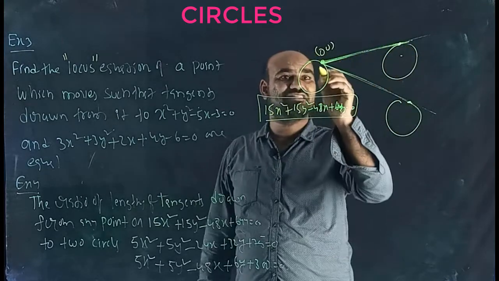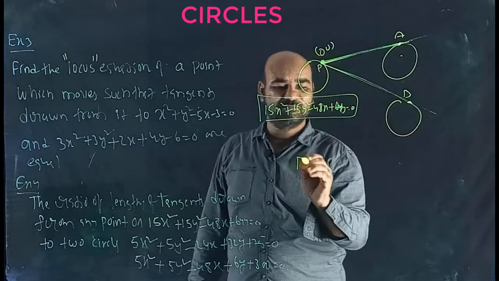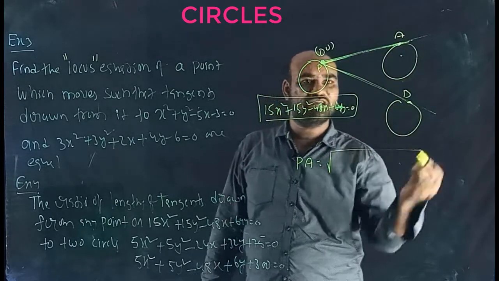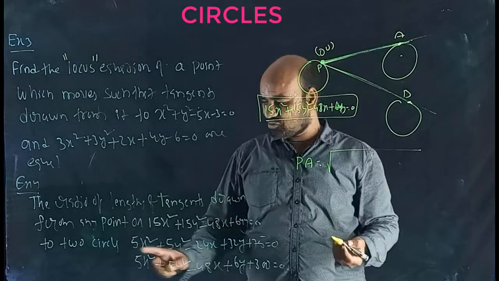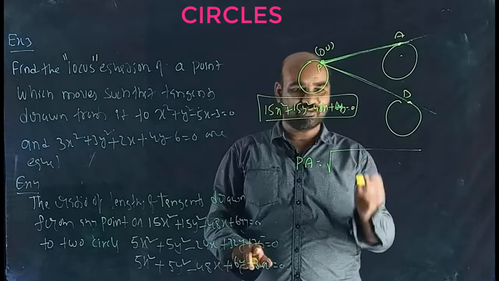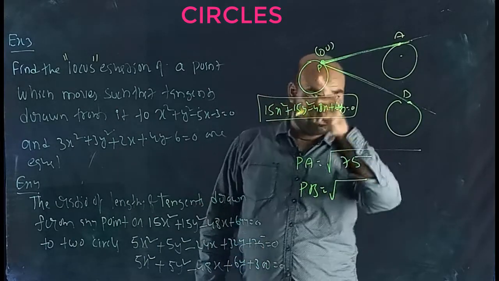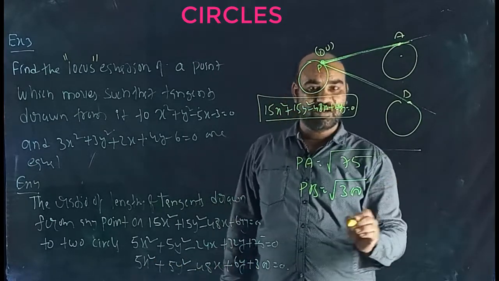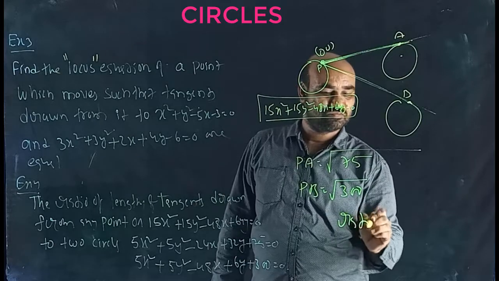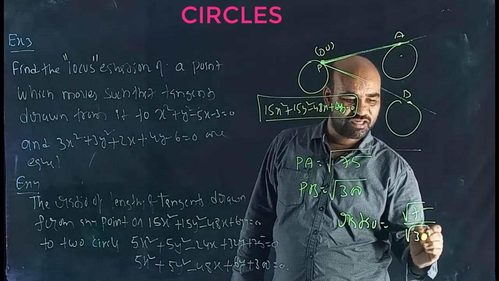So I can say this is P, this is A, this is B, PA. Directly root over the first circle here, 5x square plus 5y square something is there. 0 comes substituted, 0, 0, just 75. PB, same, 0, 0, just 300. My required ratio is root over 75 by root over 300.